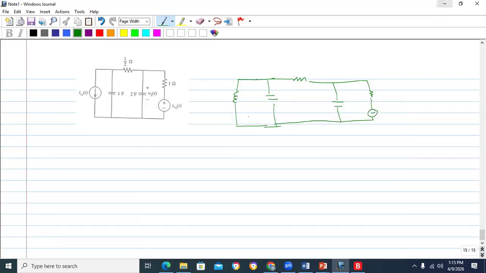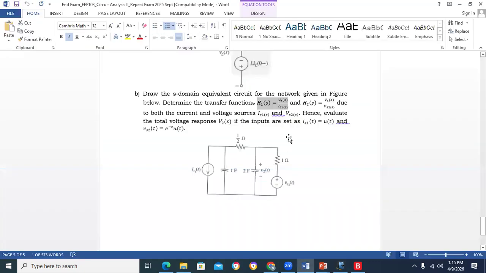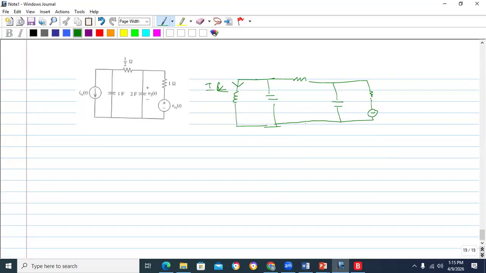So let's say that this current is IL, and this voltage is Vs. So you are asked to find ILS divided by Vs. Okay, this is a transfer function.